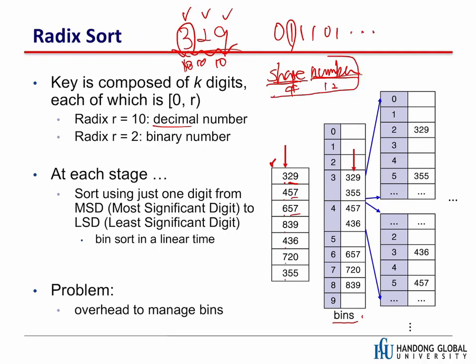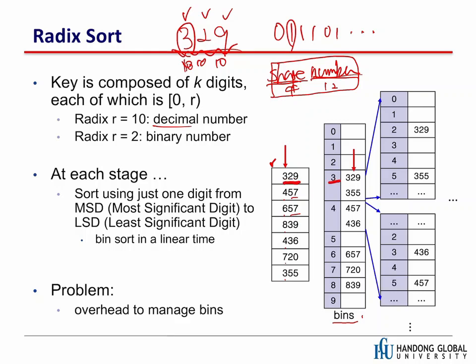In this case, we have 10 bins, compared to these cards, where we have 4 bins and we put all the cards into 4 bins. Likewise, here we distribute all the numbers into one of 10 bins.